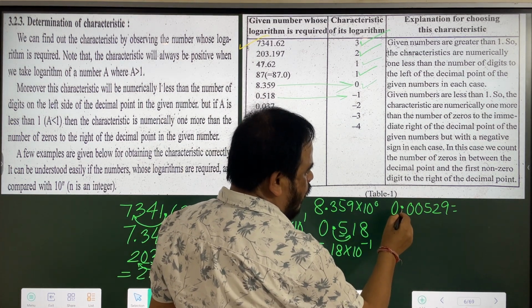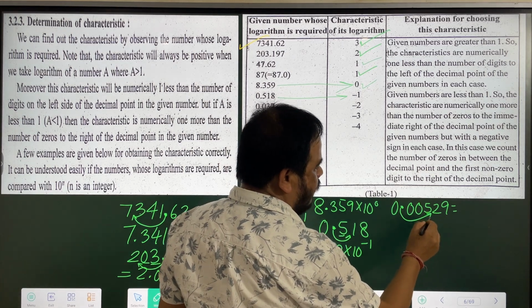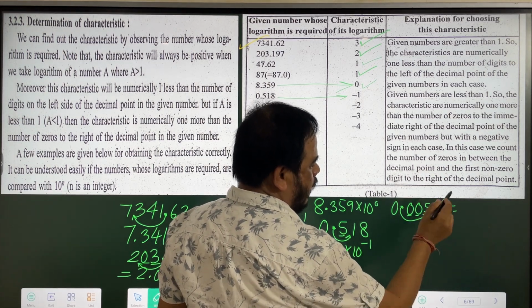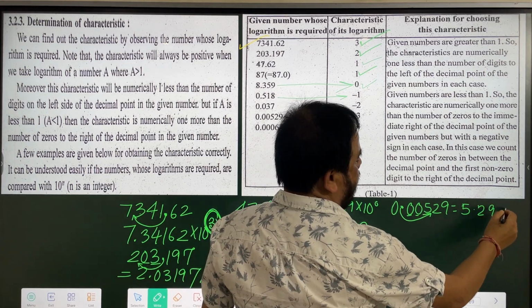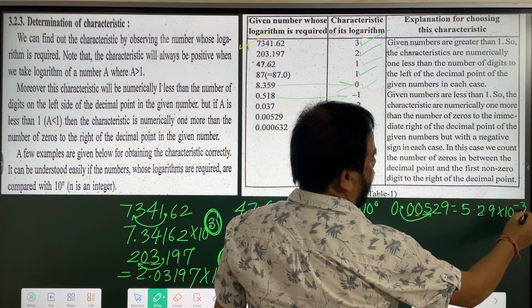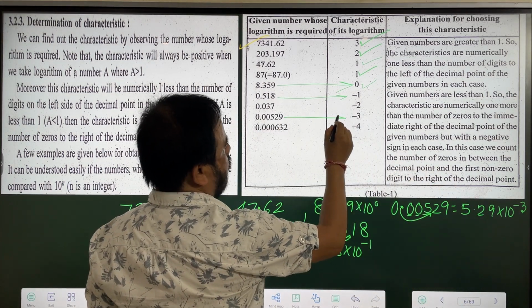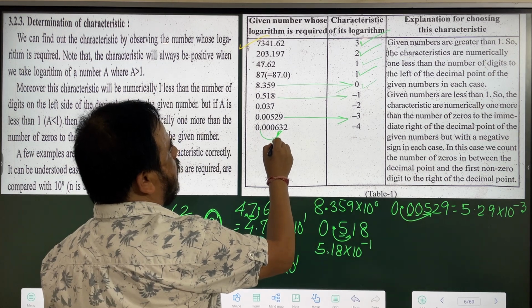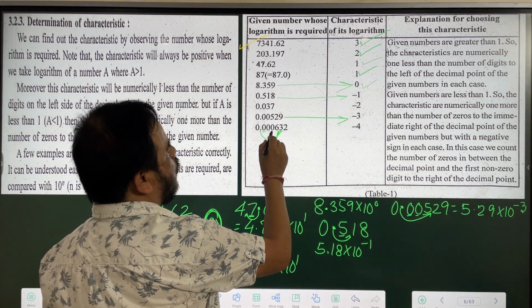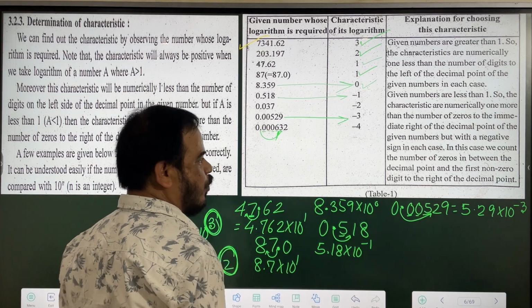This decimal will move here after 5. 1, 2, 3 towards the right hand side. So 5.29 into 10 to the power minus 3. So the characteristic will be minus 3. Here the decimal will move how many places? After 6. 1, 2, 3, 4. 10 to the power minus 4. So minus 4 is the characteristic.